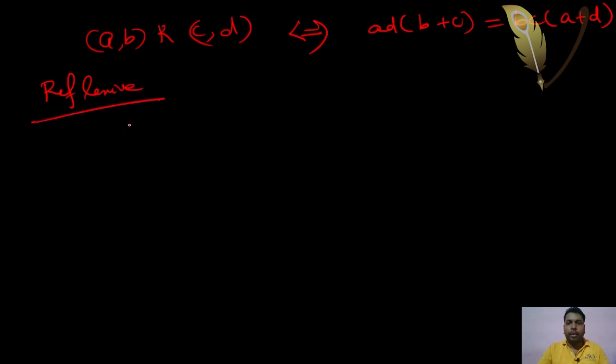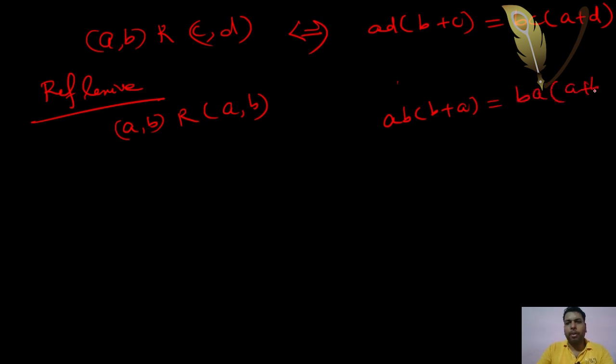Now, if (a, b) related with (a, b), then you see ab(b + a) equal to ba(a + b).